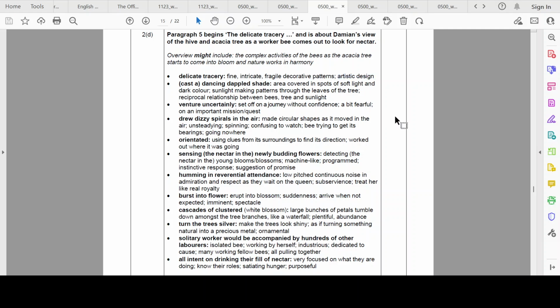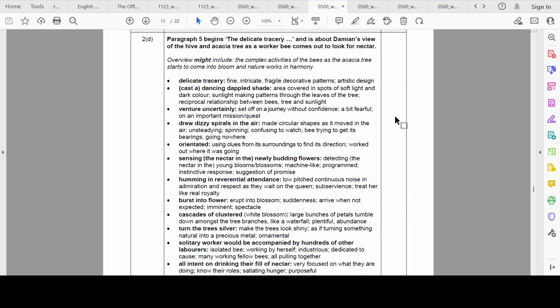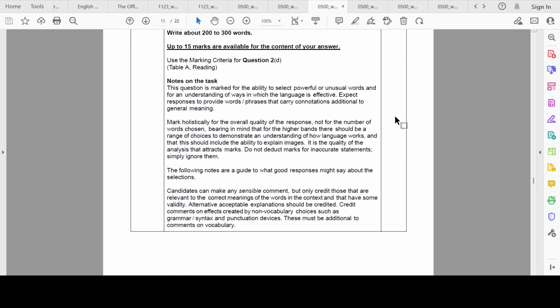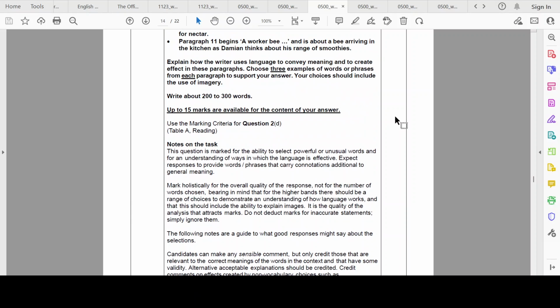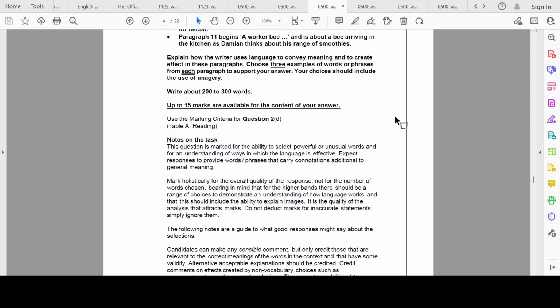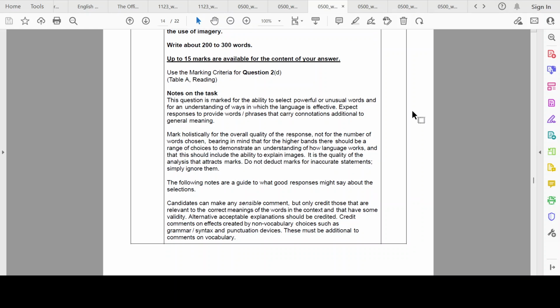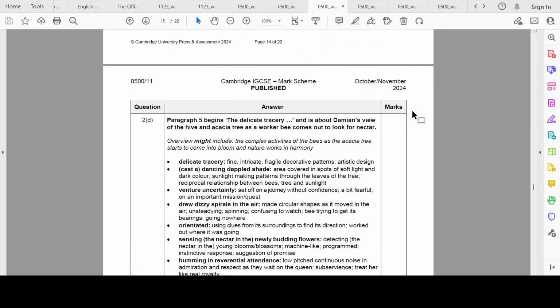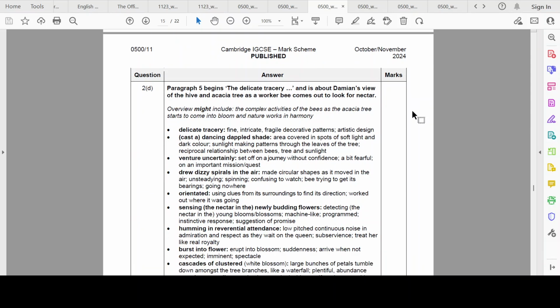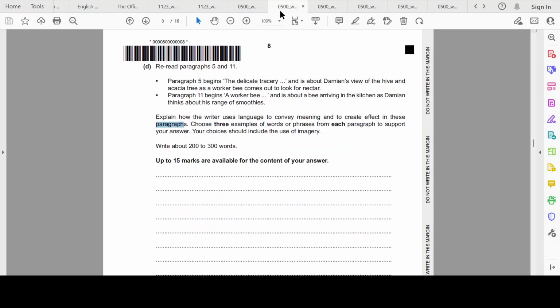So we can practice that. If you decide to use the 0500 to further your practice, obviously coming up to the requirements of the 0500 is not what you'd be expected to do, but definitely attempt this. Picking out examples and then working on how they convey meaning and effect is definitely going to help.